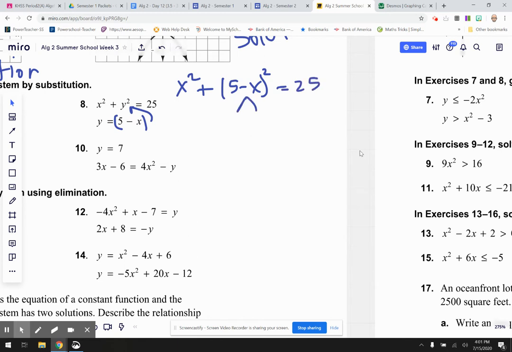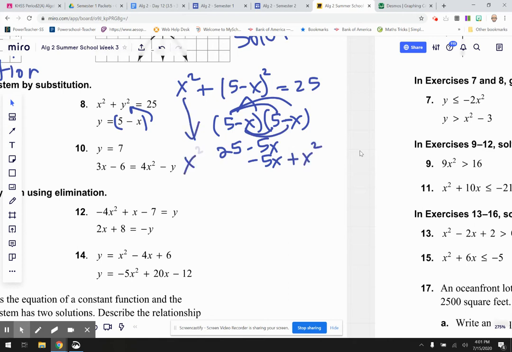Now this actually might work out okay, but let's see. We have to square this. So 5 minus x times another 5 minus x. That's how you square something: you multiply it twice. And now we got to do FOIL. 25 minus 5x minus another 5x, and then plus x squared. And then we had another x squared that we have here.